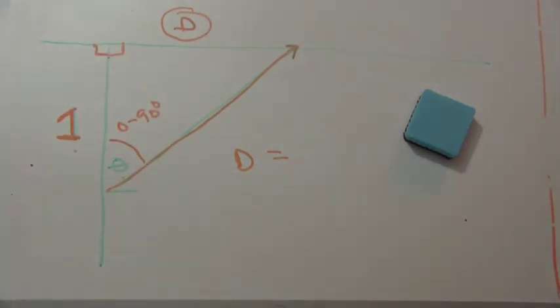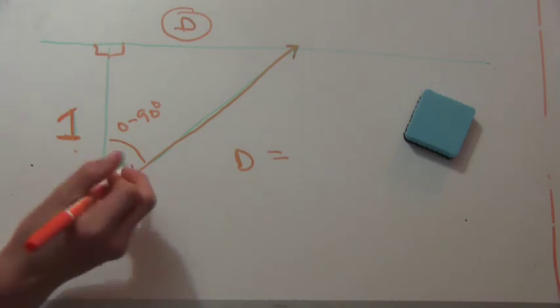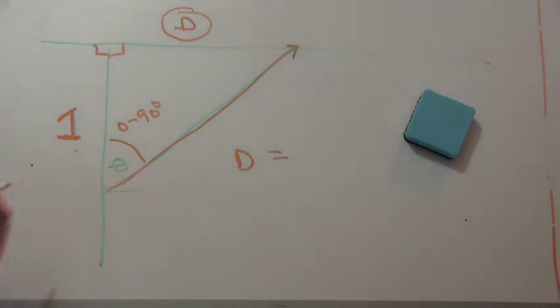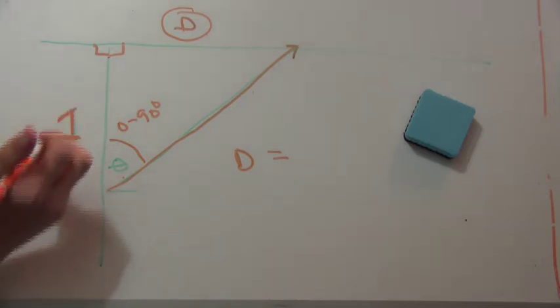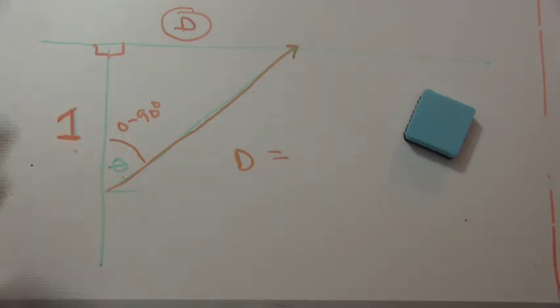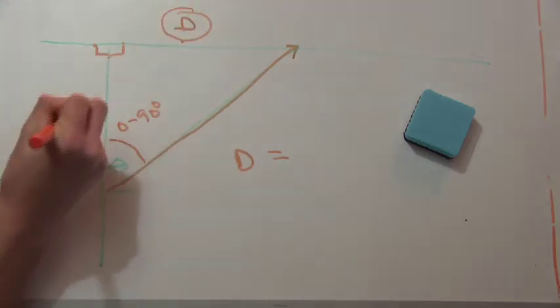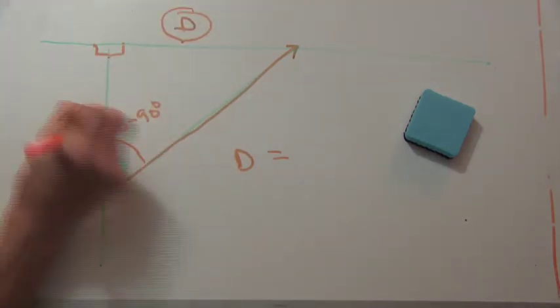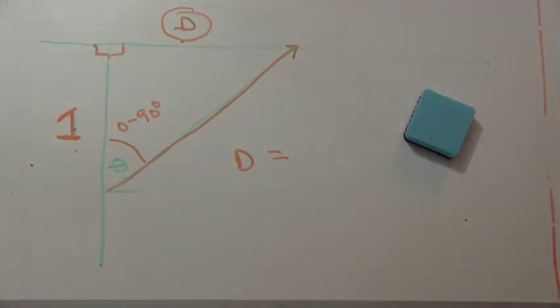Yep. Well, I guess it would be, well, the opposite, so d over 1 would be tan theta. So it would be tan theta.